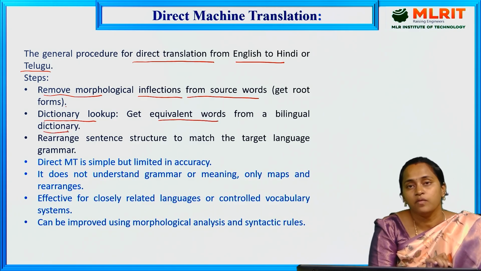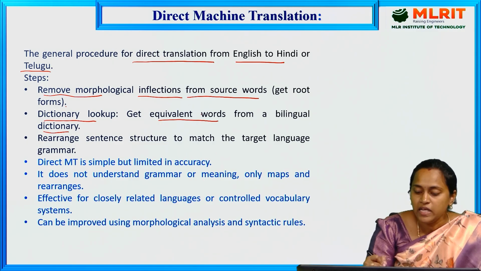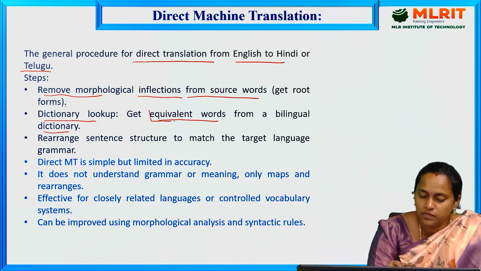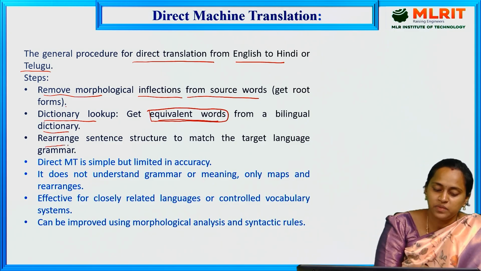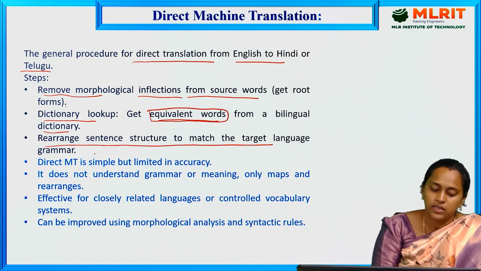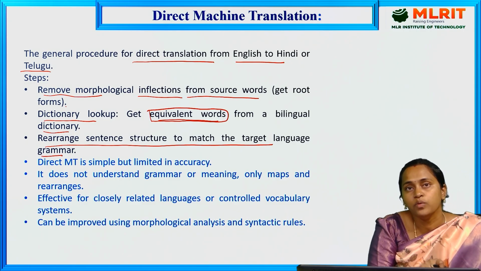After getting the root word from the source word, we have to find the equivalent words. For example, the root word is play. Then rearrangement of the sentence structure to match the target language grammar. So after finding the equivalent words, we have to rearrange the sentence structure.